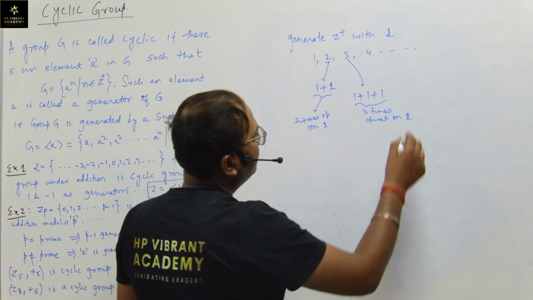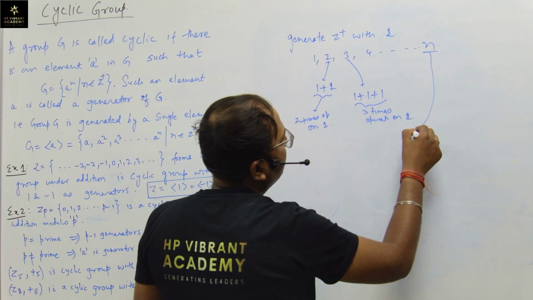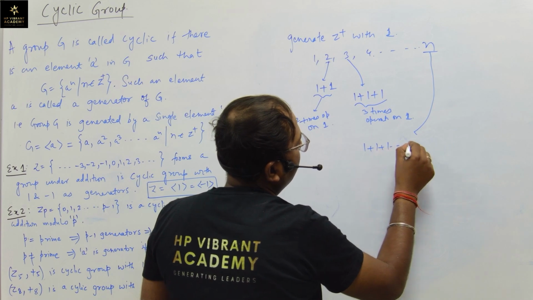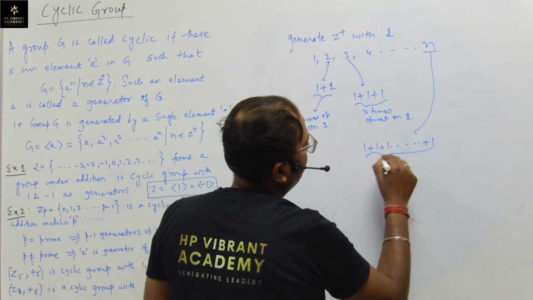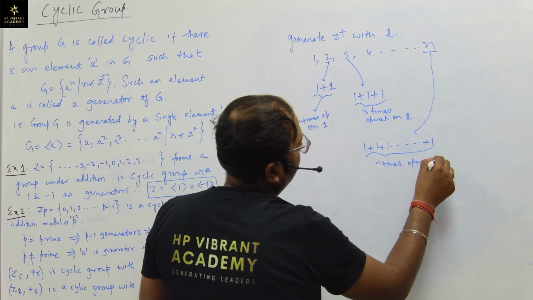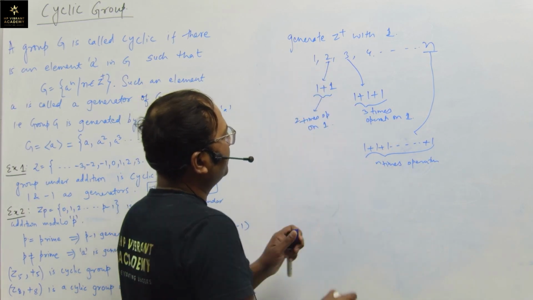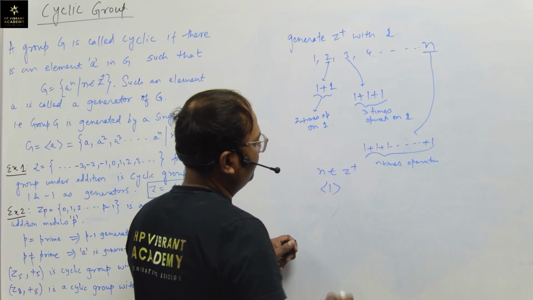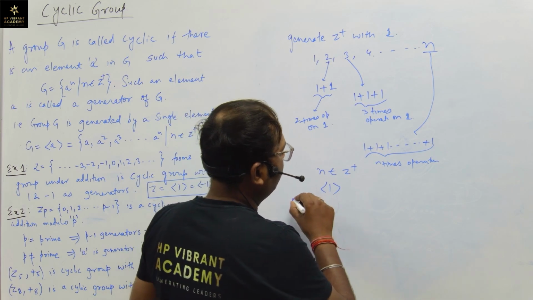Similarly, n is generated as n times operation: 1 plus 1, 1 plus 1 plus 1. So 1 is generating this Z plus. So n belongs to Z plus, then 1 is the generator.